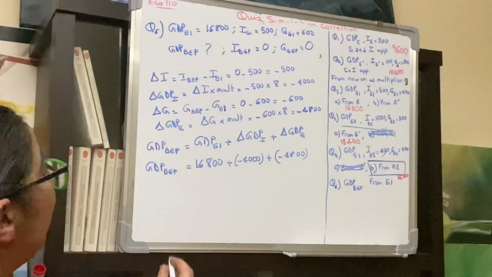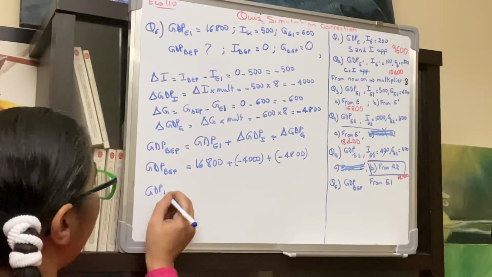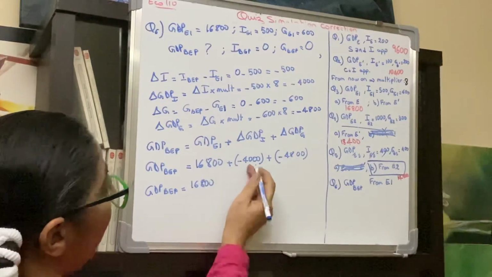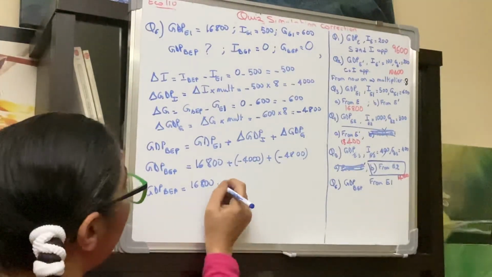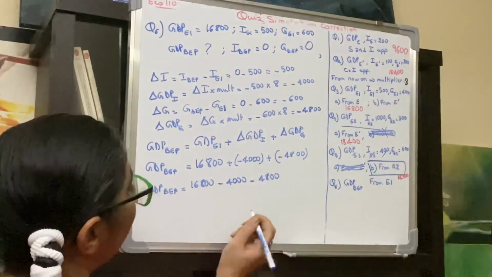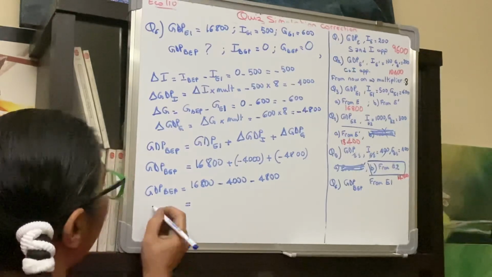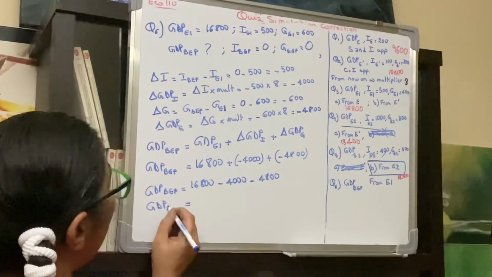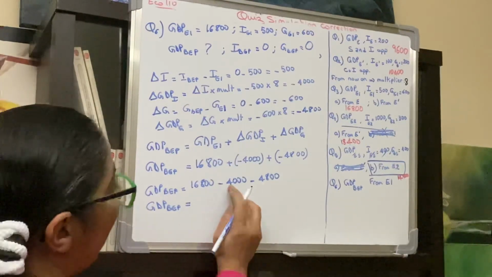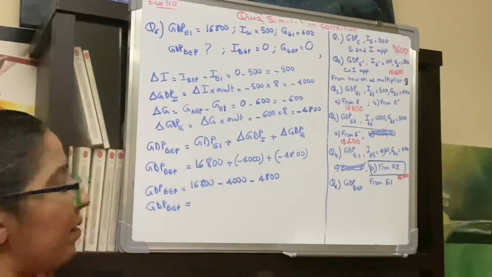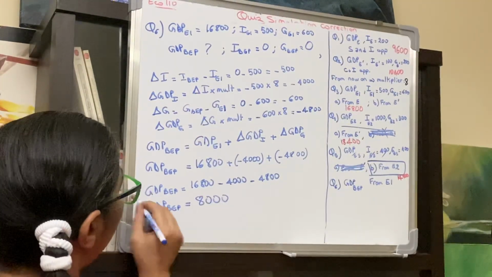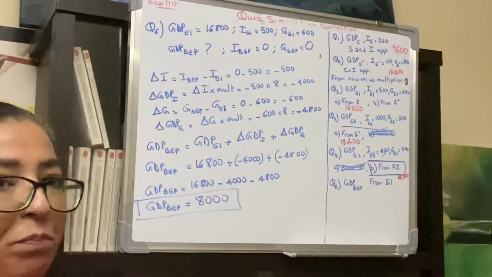Okay? So GDP at BEP is equal to 16,800 minus 4,000 minus 4,800. That would be 8,800 taken from 16,800, which is 8,000. So I have the right BEP.